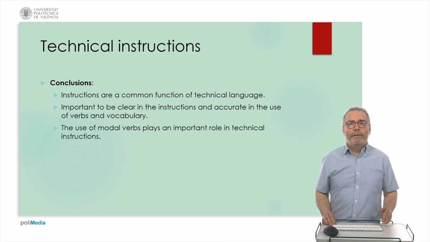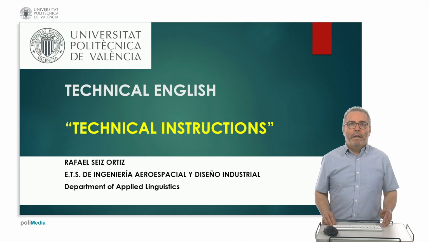And you have to be very sure about the verbs and the vocabulary items that you are using. On the other hand, as we saw, the use of modal verbs plays a very important role in giving correct technical instructions.